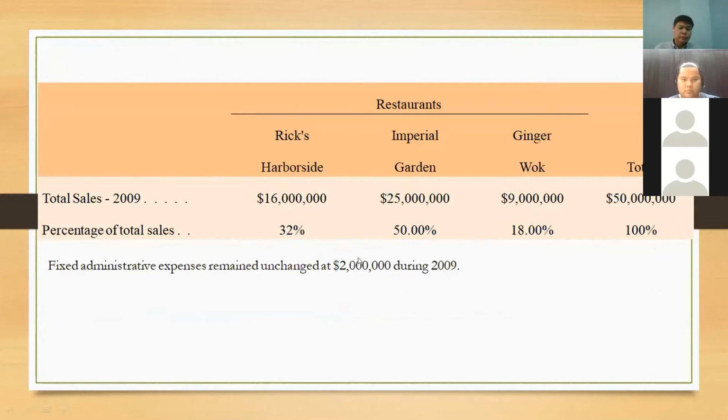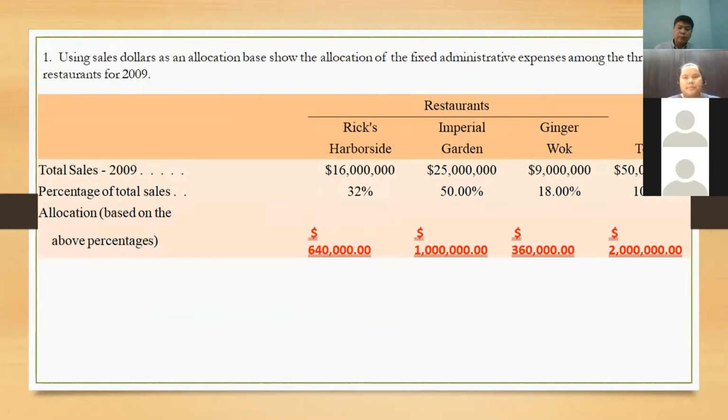Their fixed administrative expenses are still $2 million. To compute this, since the fixed administrative expense is still $2 million, we just take the percentage of the $2 million.